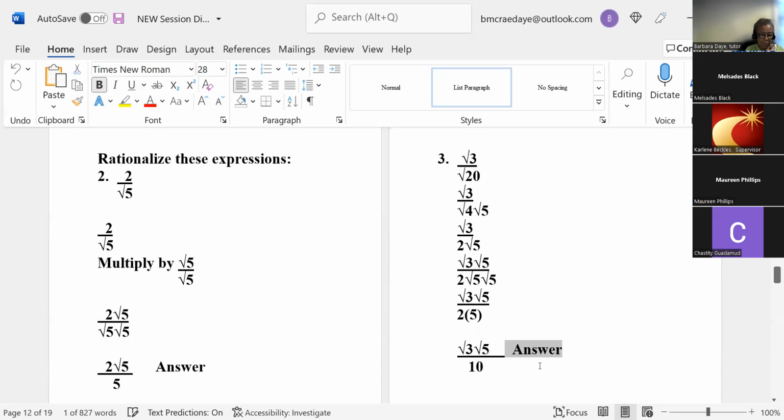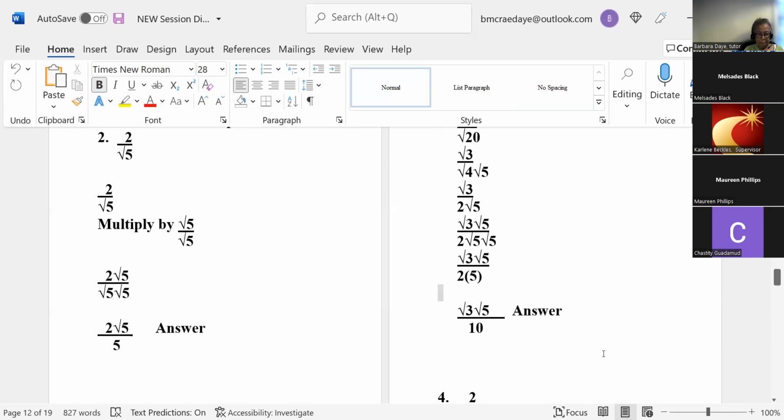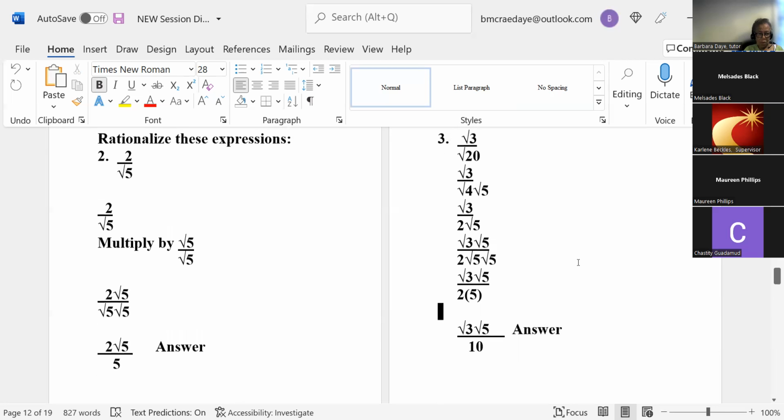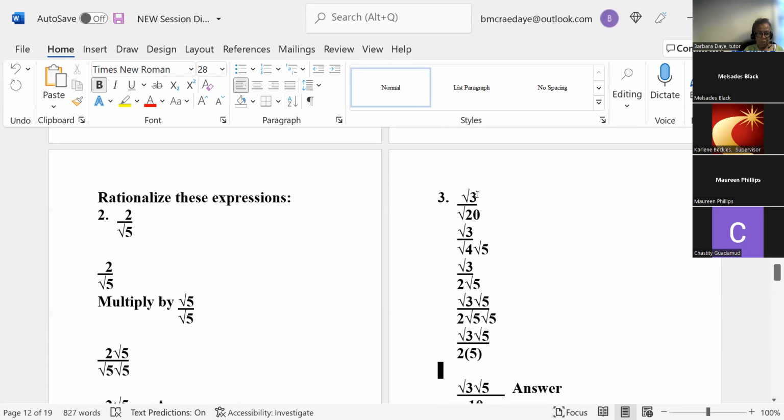So the numerator still has a radical in it. What's the question? Is it, what's the reason for the 3 up there to begin with? The 3 was part of the original.